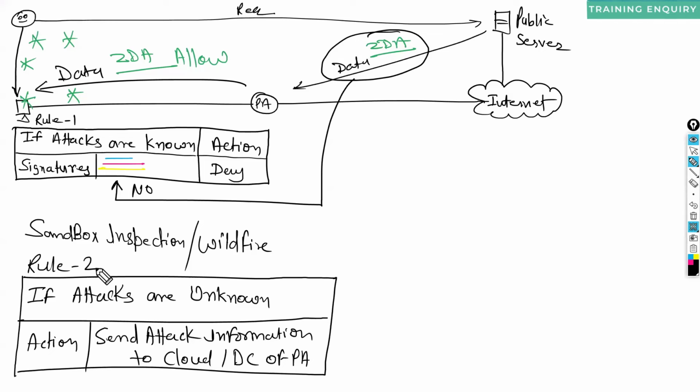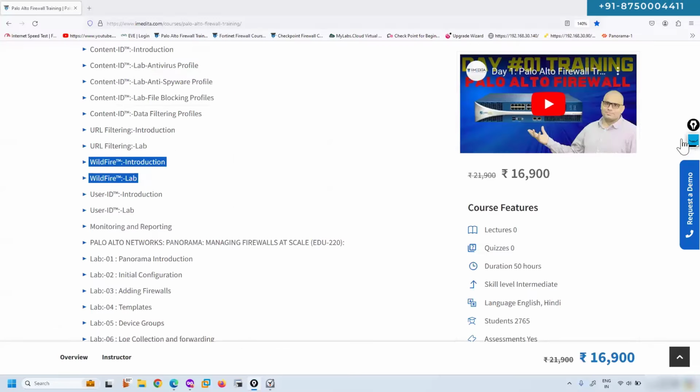So we have to configure a second rule on the firewall, which is the WildFire rule, or you can say the sandbox inspection rule. In this rule, we define our firewall this way: if attacks are unknown, then send attack information to the cloud or data center.